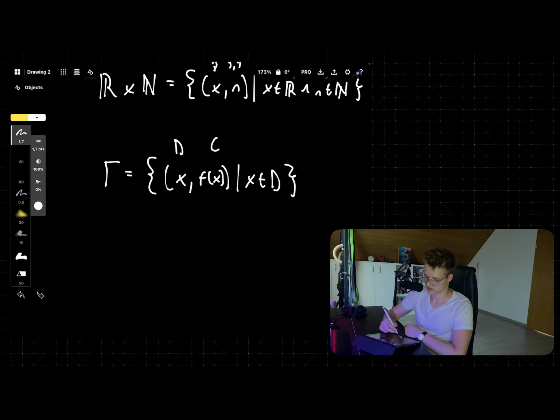Let's say that the domain is the set X and the codomain is the set Y. This is how we could define a graph.